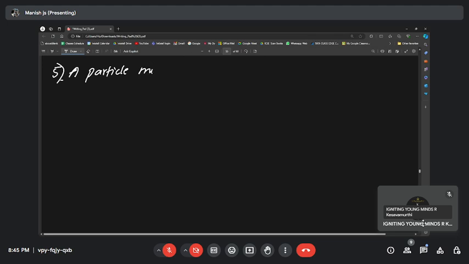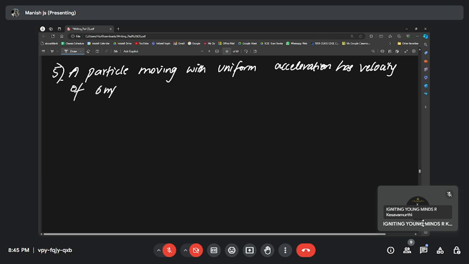A particle moving with uniform acceleration has a velocity of 6 meters per second at a distance of 5 meters from the initial position. This is the first part of the question.